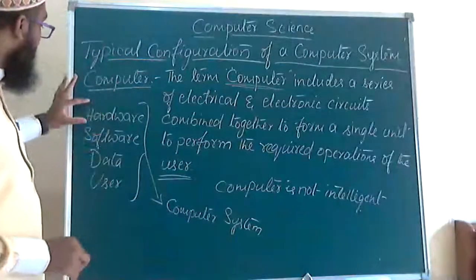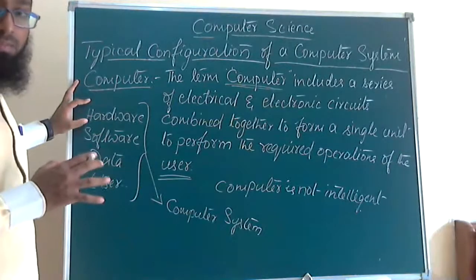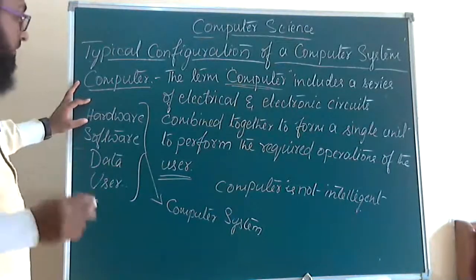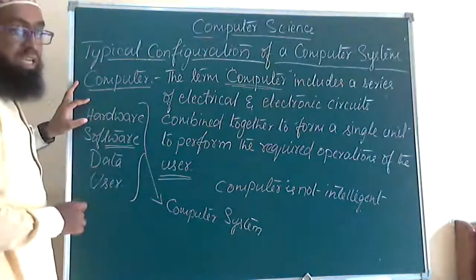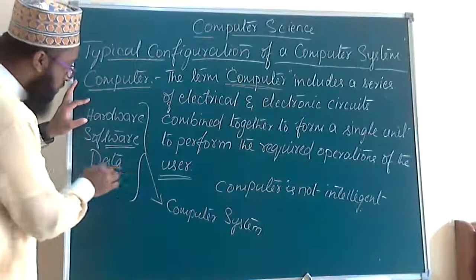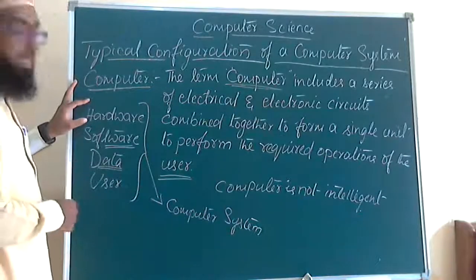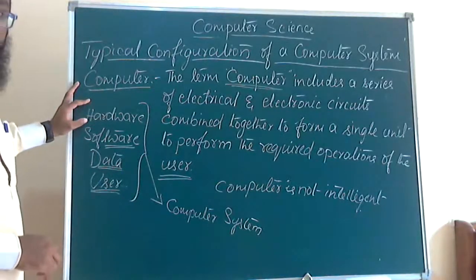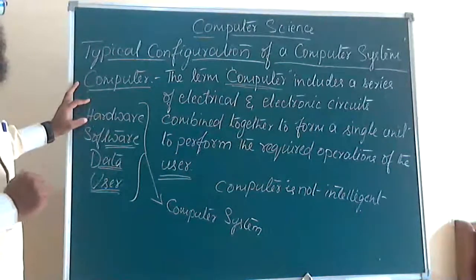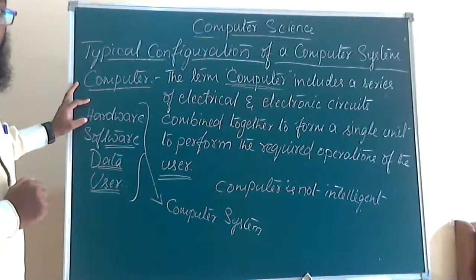If we have just the computer hardware, and we do not install any software, and we have not stored any data in the computer, and we are not using the computer, then it is not useful.